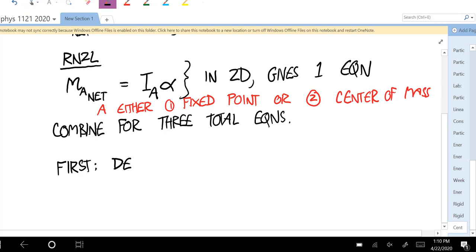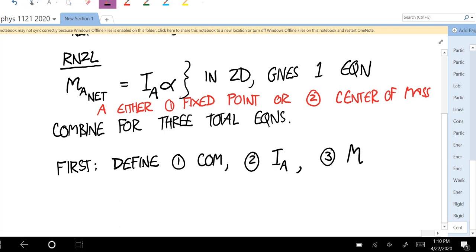So we have to define center of mass, the mass moment of inertia about A, and the third one is we have to define what these moments are, these things that produce the rotations about that axis A. These are the two that we're going to do in this lecture today, and then we'll talk about moments next time.